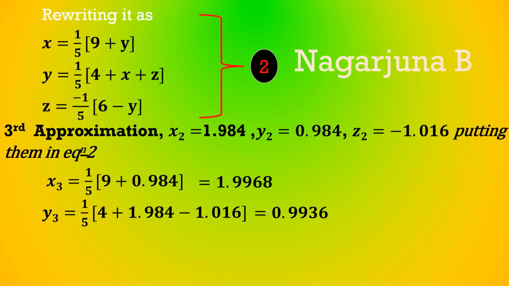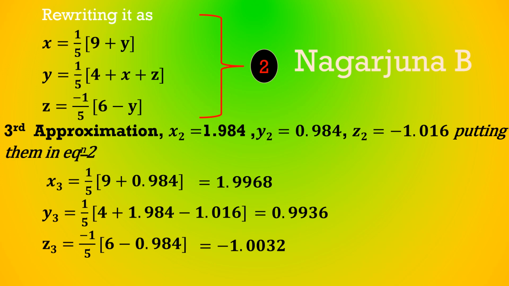0.9936. Next, z3 is equal to minus 1 divided by 5 into 6 minus y value, the y value is 0.984. While calculating, open the bracket, 6 minus 0.984, close the bracket, divided by, open the bracket, small minus sign which is present in the calculator, after that 5, close the bracket, and that answer is minus 1.0032.